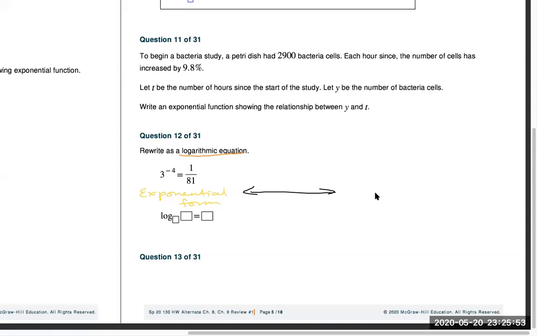So we're going to put our log form over here. Okay, so go ahead and start with your log first. Then I want you to think, well, what is my base over here?